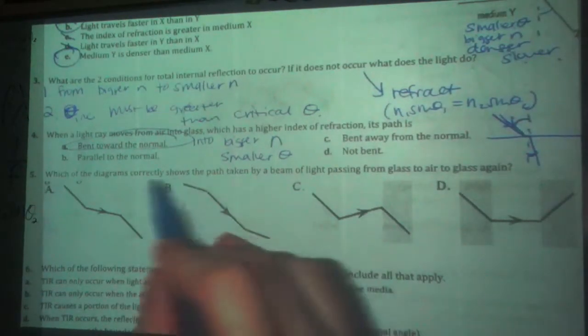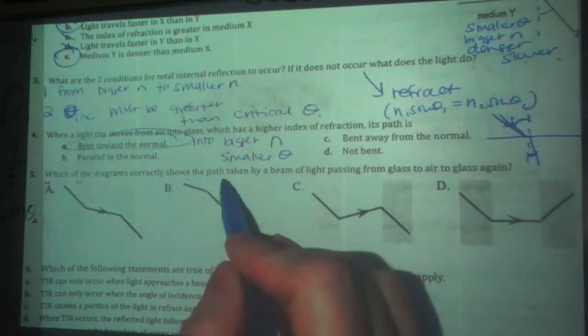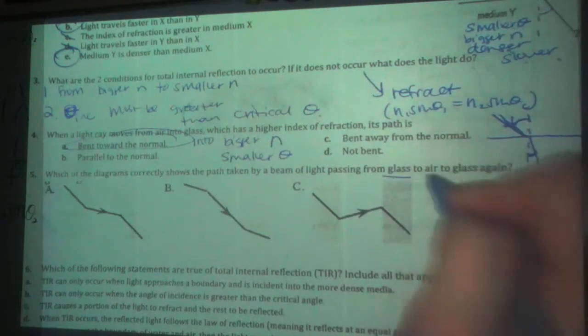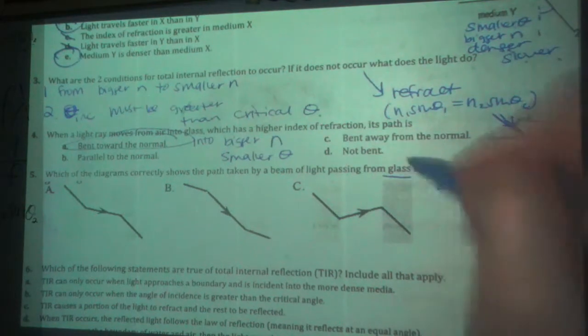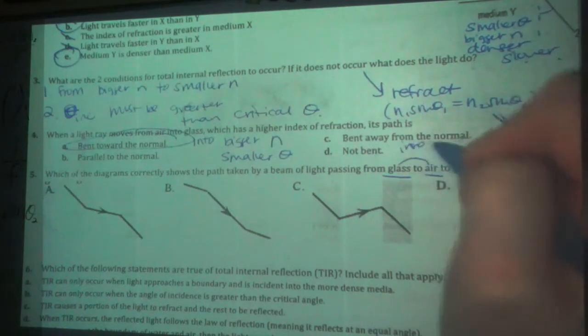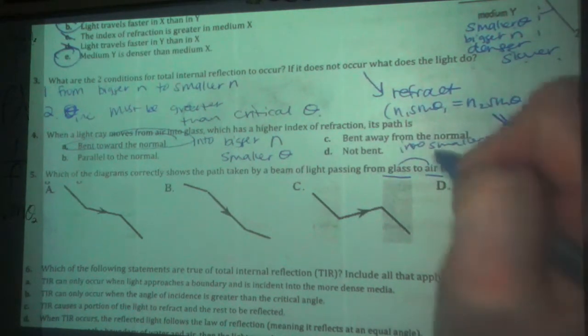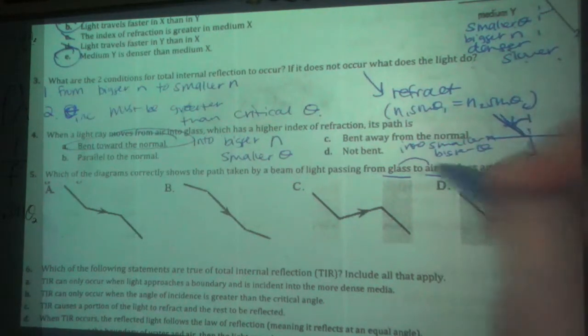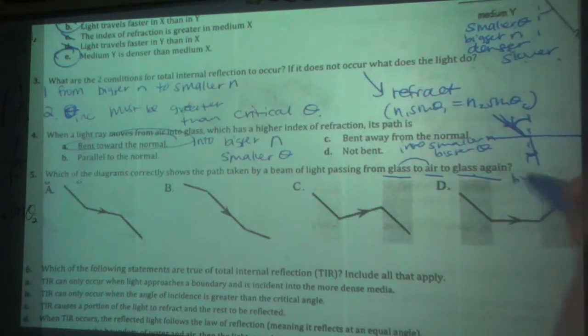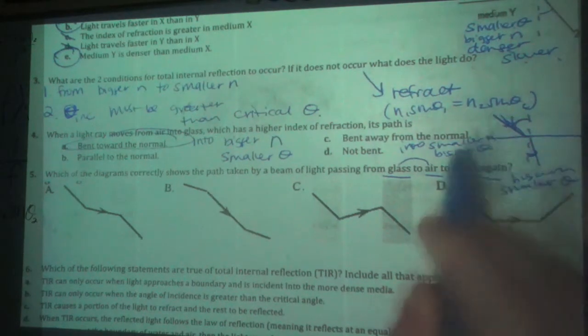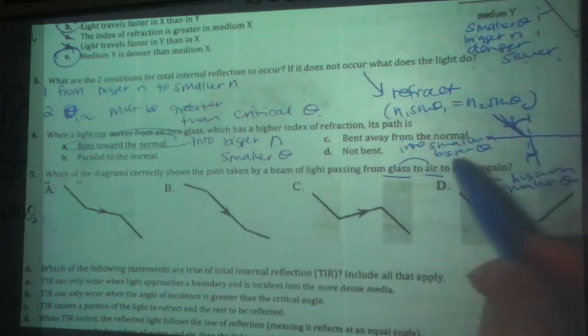Which of the following shows the path going from glass to air to glass again? So this one is going into a smaller n, so that would be getting a bigger angle. And then it's going back to glass, which is a bigger n, so then I'm going to get a smaller angle again. So I want a small angle, getting bigger, and then getting smaller again.